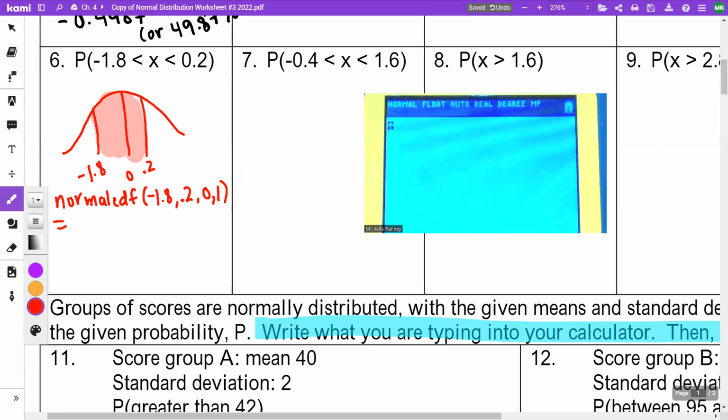So negative 1.8 to 0.2 and 0 and 1. I end up with 0.5433.